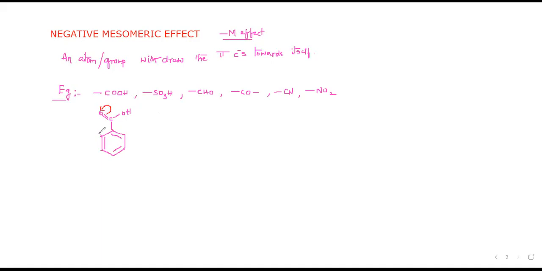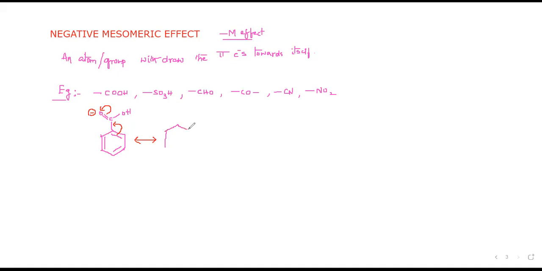The electrons shift there and the oxygen gets a negative charge. Then this carbon gets a positive charge, which is neutralized as the electrons of the benzene ring are dragged towards the group. So the benzene ring carbon gets what charge? Benzene ring carbon gets positive charge.